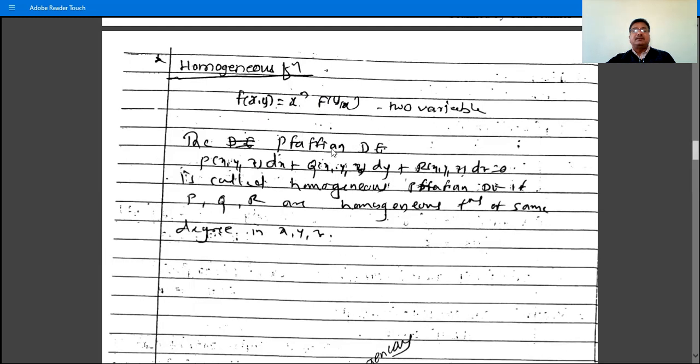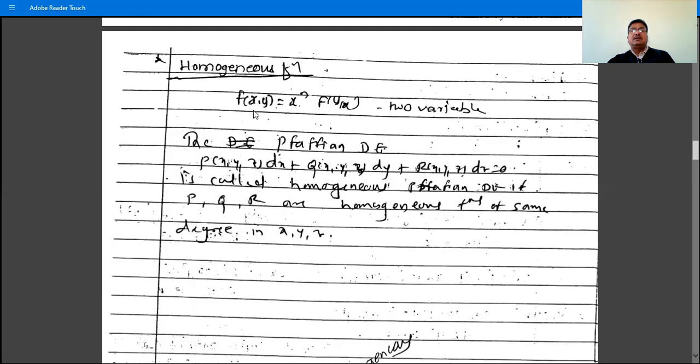So the Pfaffian differential equation P(x,y,z) dx plus Q(x,y,z) dy plus R(x,y,z) dz is equal to 0 is called a homogeneous Pfaffian differential equation if these P, Q, R are homogeneous functions of the same degree in x, y, z. So this is the definition of the homogeneous function in x and y.